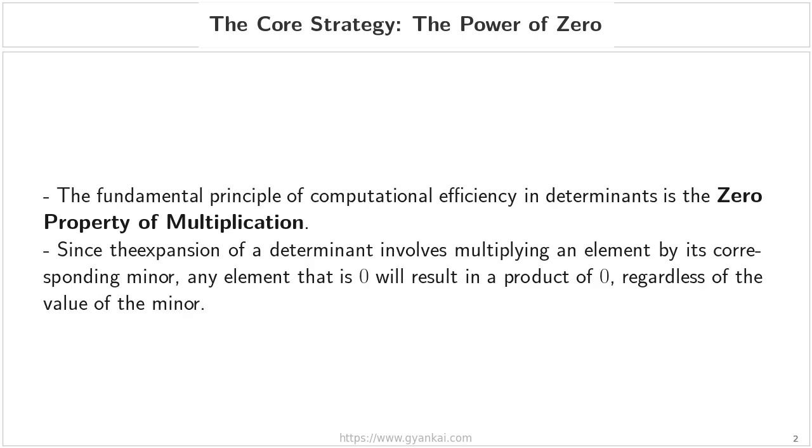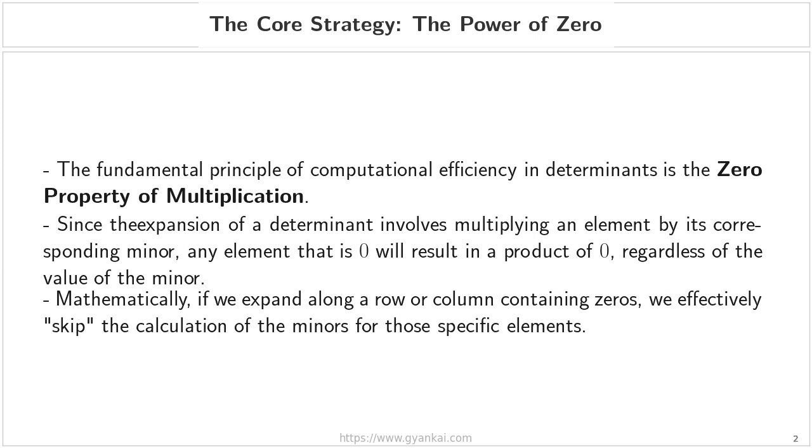Think about how we perform a determinant expansion. We take an element from the matrix and multiply it by its corresponding minor. Now, if that element happens to be zero, the entire product for that term becomes zero, no matter how large or complex the minor might be. Mathematically speaking, if you choose to expand along a row or a column that contains zeros, you are essentially giving yourself permission to skip the heavy lifting.